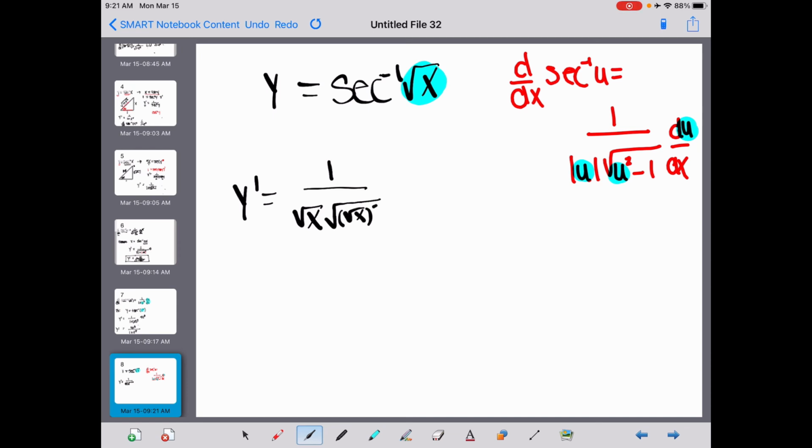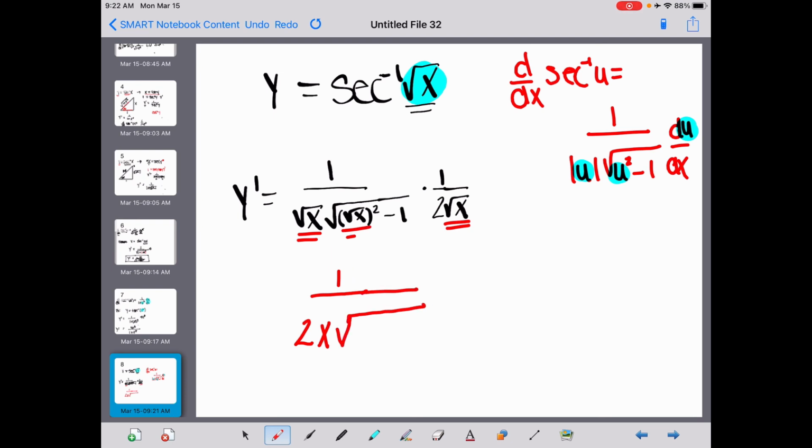x squared minus 1, times, if you take the derivative of x to the 1/2, you get 1 over 2 root x. Now when you simplify that, it's just 1 over 2 root x times root x, which is x, times the square root of x squared, which is x again, minus 1.